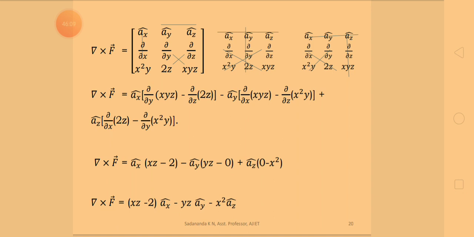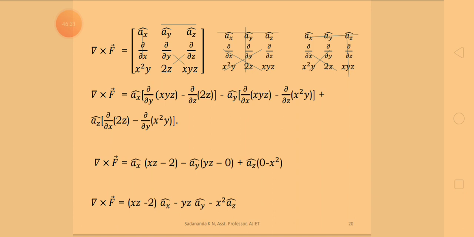Therefore curl f is equal to ax cap into, since we considered the ax cap there, you have to leave that row and that particular column. I put the line there and cross marks: ∂/∂y of xyz minus ∂/∂z of 2z, bracket close.